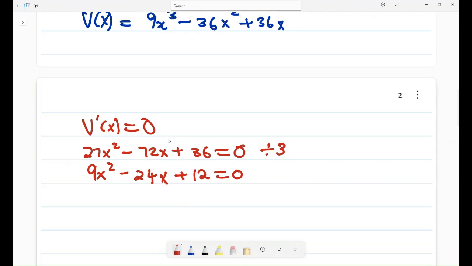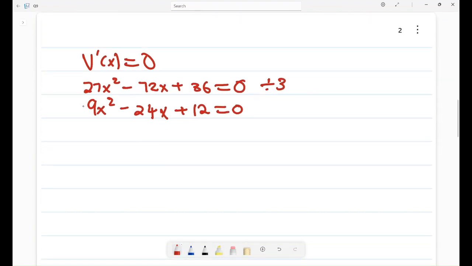Okay, now it's a matter of doing your mathematical gymnastics. I think I can simplify this further to 3x squared minus, when I divide by 3, 8x plus 4 is equal to 0.